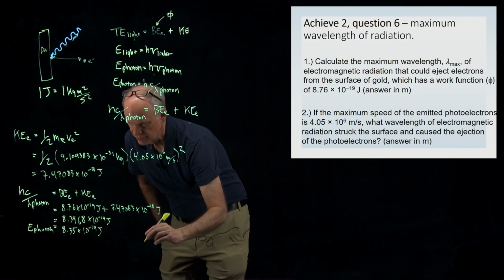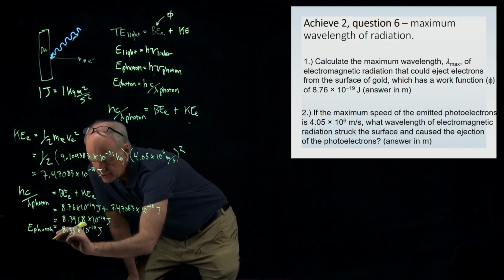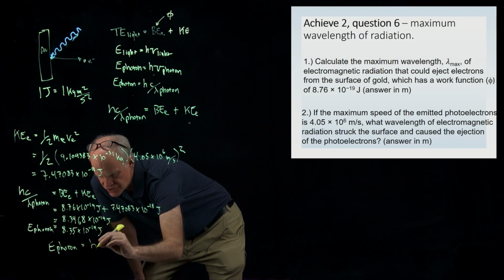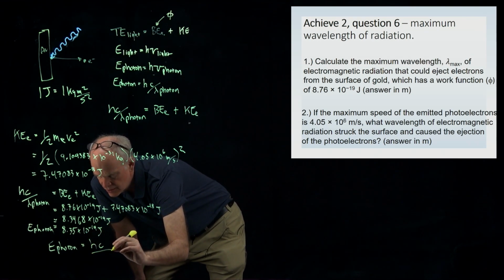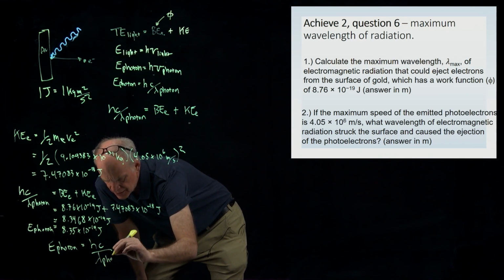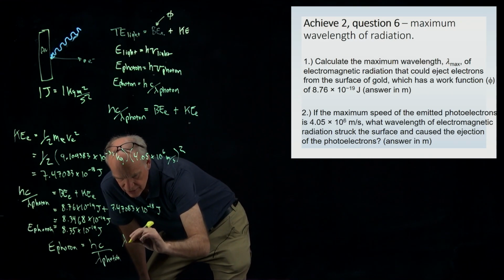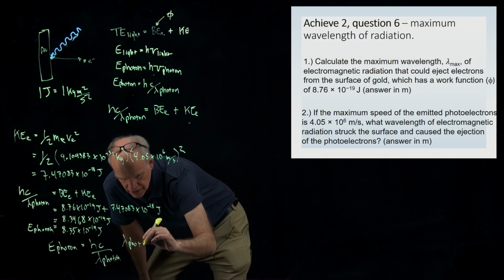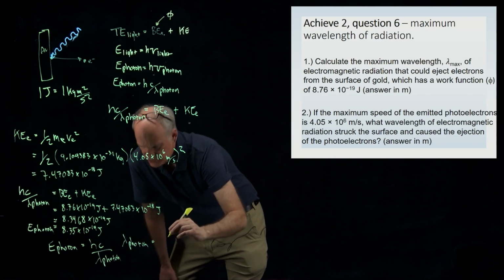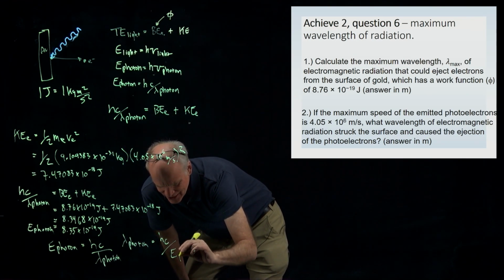You probably know that the energy of the photon is equal to h times the speed of light over the wavelength of the photon. So you need to solve this for wavelength. The wavelength of the photon is equal to hc over the energy of the photon.